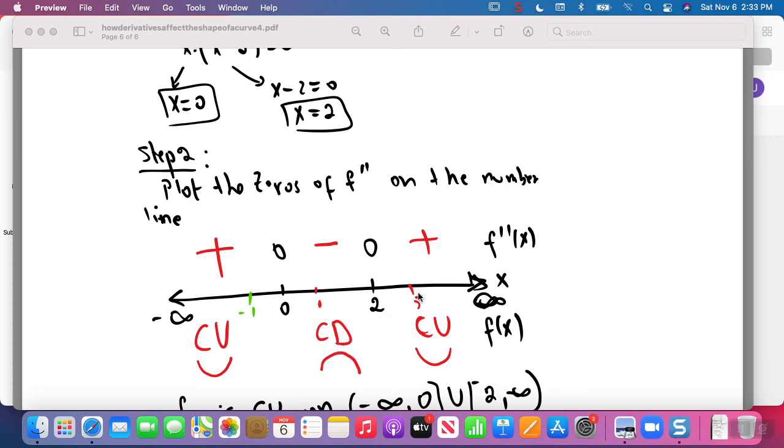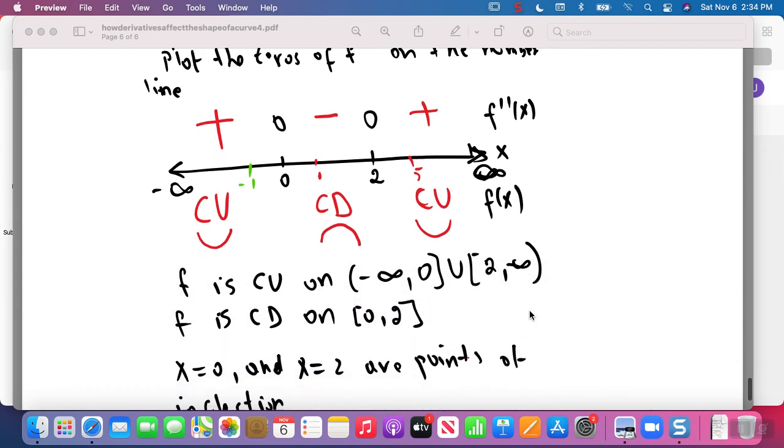And then when you pick 5 for x into the second derivative function, it gives you a positive number. So that means the function f of x is concave upward on the interval 2 to infinity.